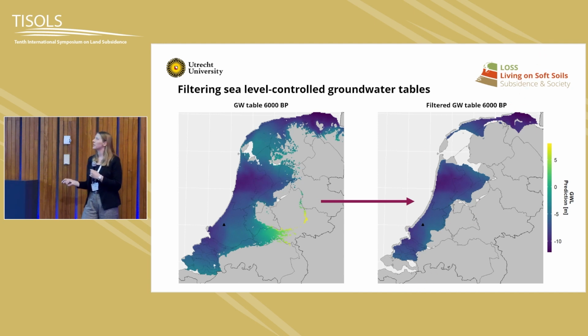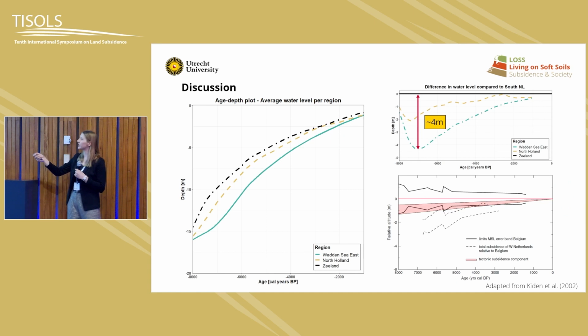And what I did now is to get an estimate of, again, the differences between the north, the middle, and the south of the Netherlands. I took the average of these regions and compared the age depth fields, which are over here.